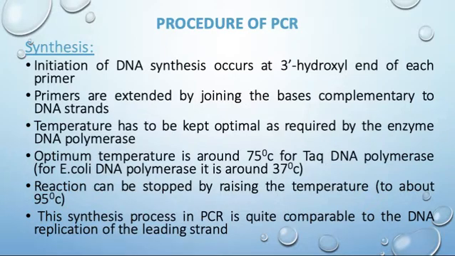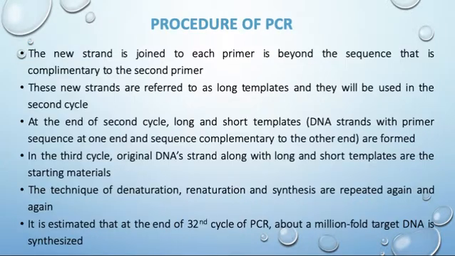Now after this, the new strand is joined to each primer and it extends beyond the sequence that is complementary to the second primer. Now these new strands are referred to as the long templates and they will be used as templates for the second cycle of the PCR.